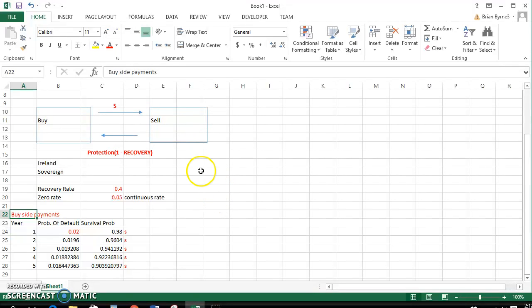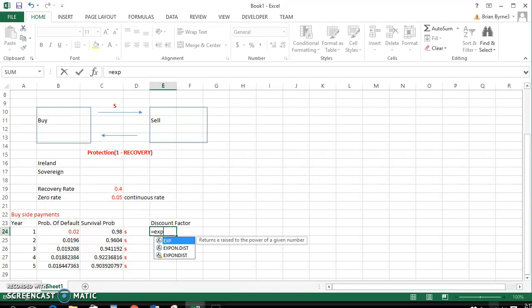So the buy side payments of 5S are paid conditional on no default. In addition, when we look at this as a present value exercise, as with fixed income generally, we have to apply a discount factor reflecting what?